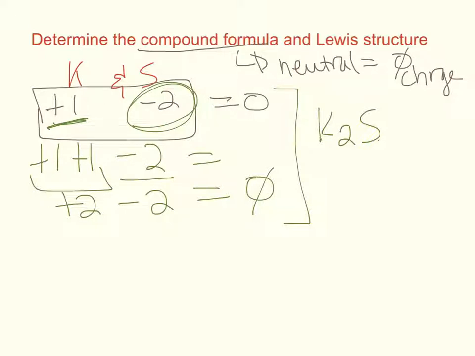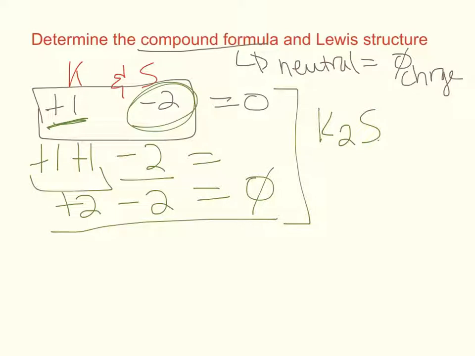Sometimes it doesn't work out as easily. If we're dealing with other elements, like charges of positive 3 and negative 2, there's going to be a little more work involved with factors and multiplication, because we want our numbers to sum to 0. Another easy approach is to crisscross your charges. You have a positive 1 and a negative 2.